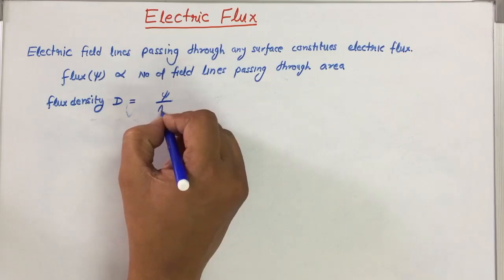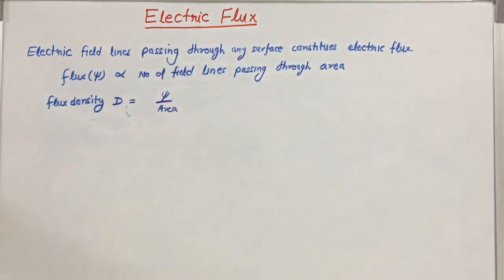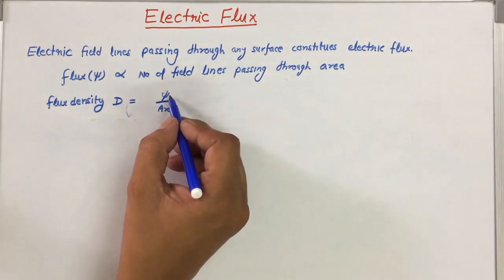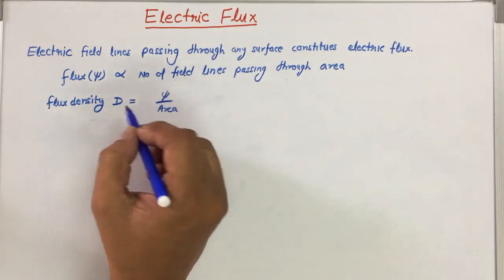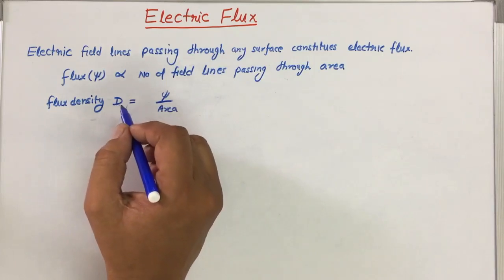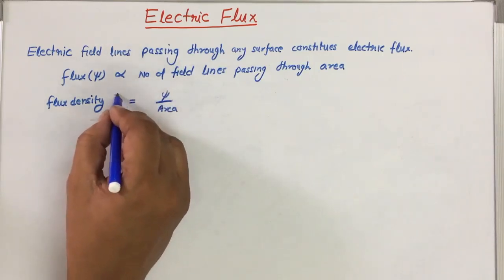So the number of field lines divided by the unit area is called flux density.